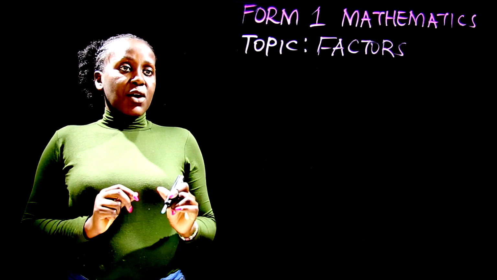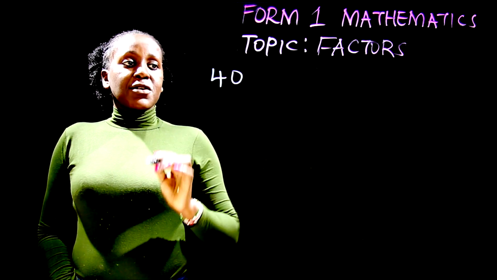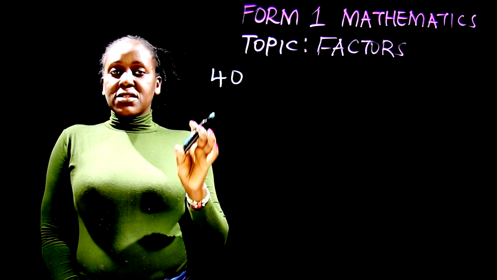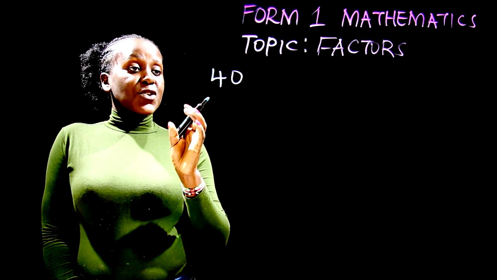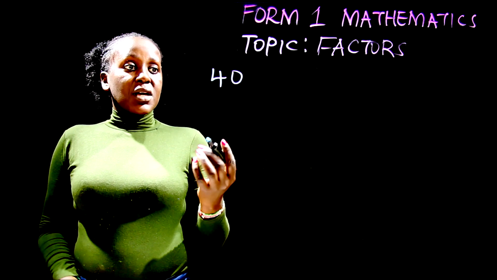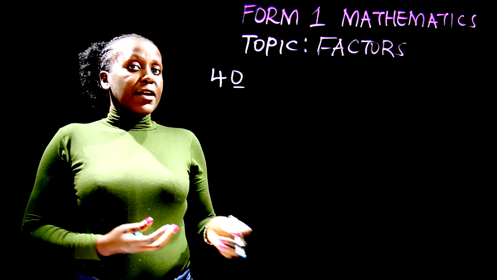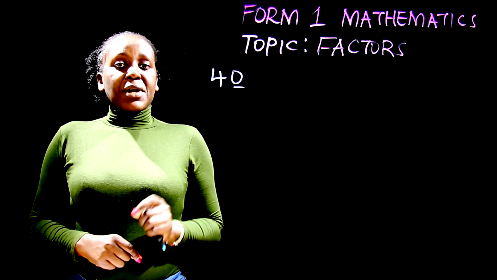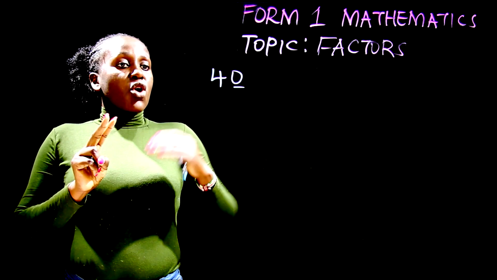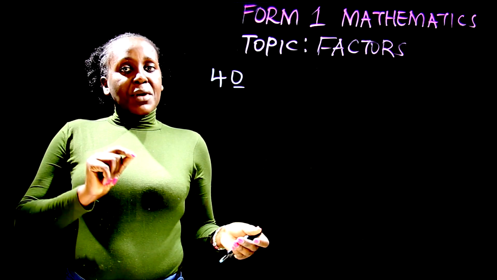Let us list down all the factors of the number 40. So I need you to think, is 40 a prime number? No, it is not a prime number because it ends with 0, which makes it an even number. And we said that the only even number which is a prime number is 2. So all the other even numbers are not prime numbers.